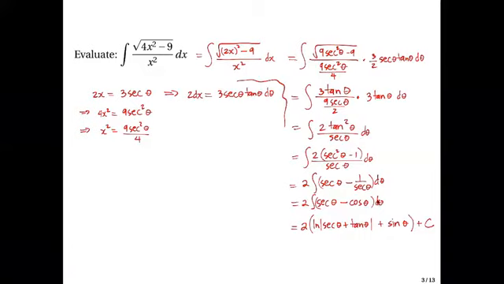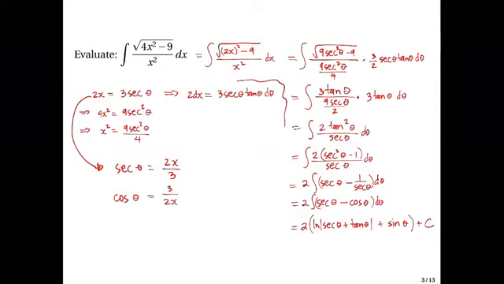And then we now bring back the variable x. From this, we have secant theta equals 2x over 3, or cosine theta equals 3 over 2x.